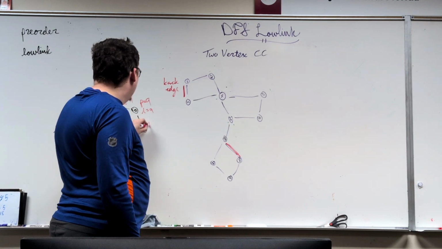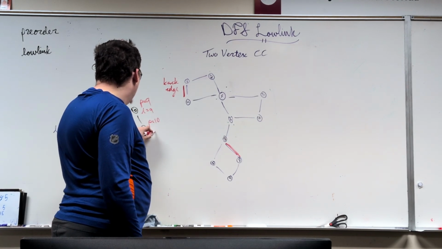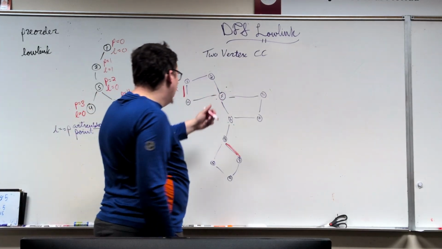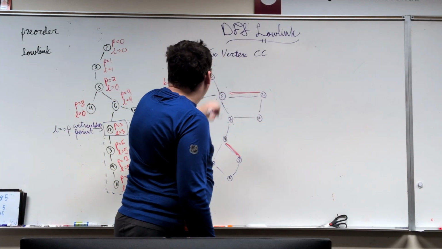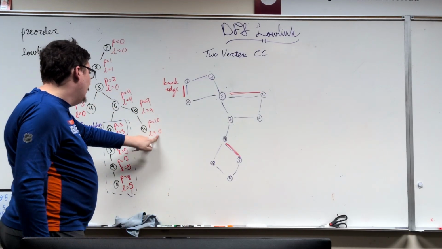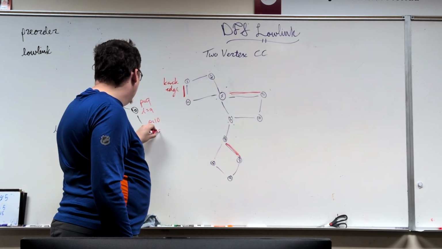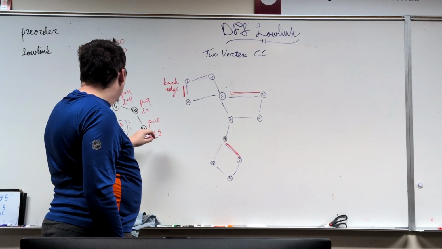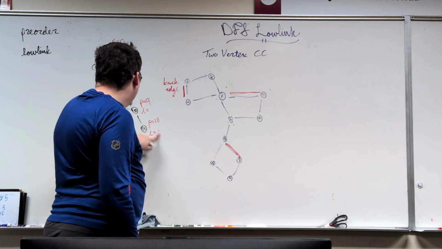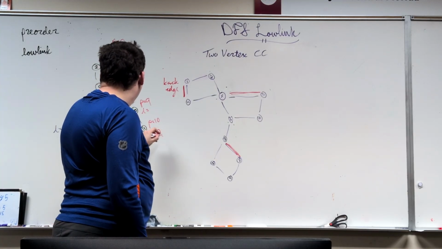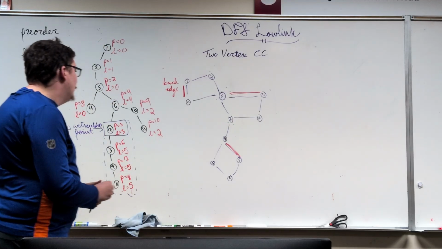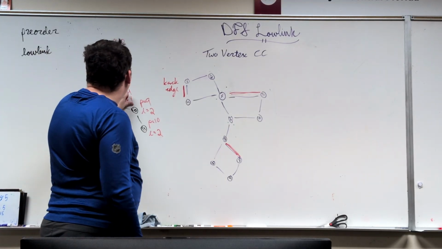We DFS to 11 with a preorder of 10 and a low link initially 10. 11 now has a back edge to 5, so we can update low link to be 5, which means 10's low link updates to 5. It should be 2. Oh, yes. So 10's low link updates to 2, and 6's low link updates to 2.